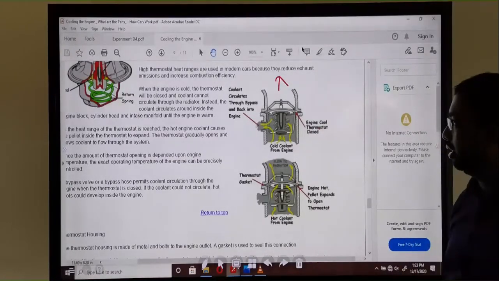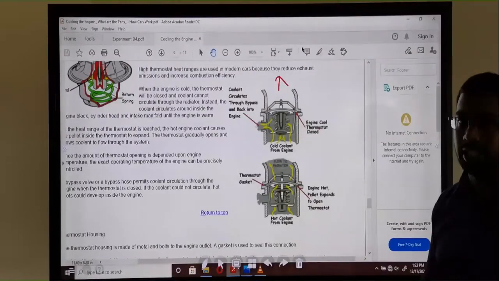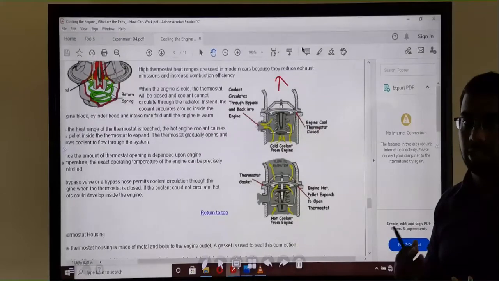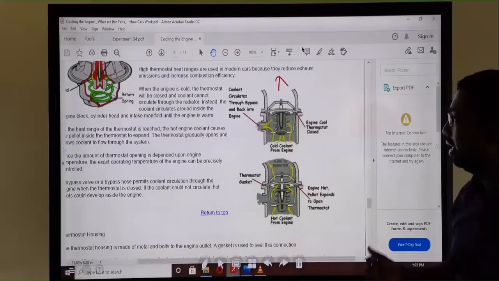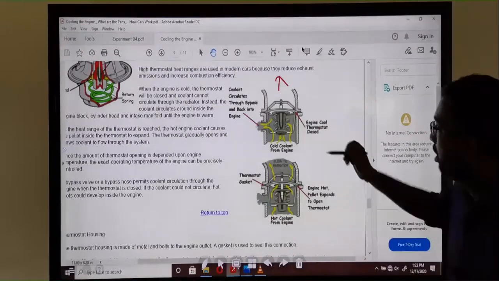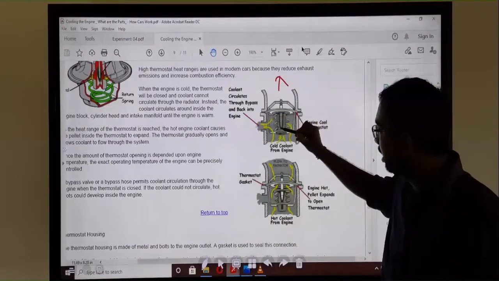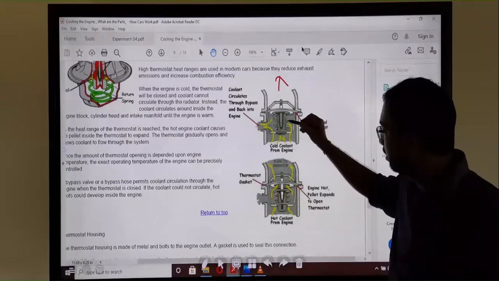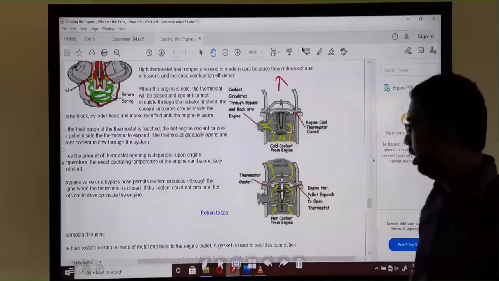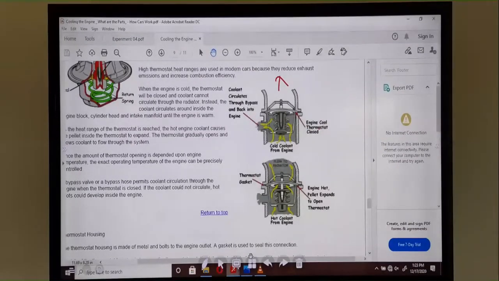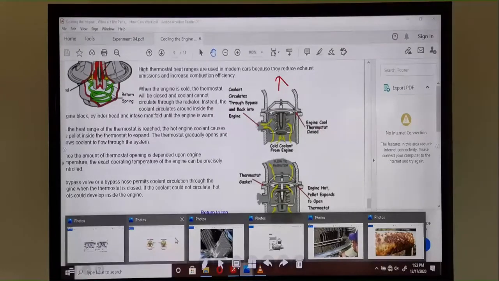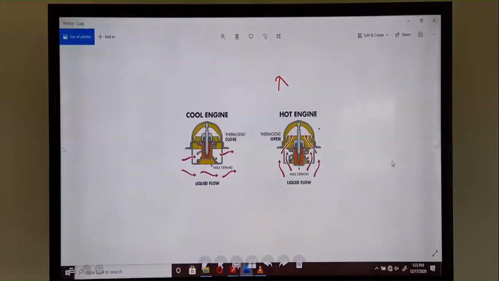That means when it absorbs the heat or temperature, it acts like a thermal expansion. It needs to expand. Here the wax is filled in this closed area. I will explain clearly with another photo.